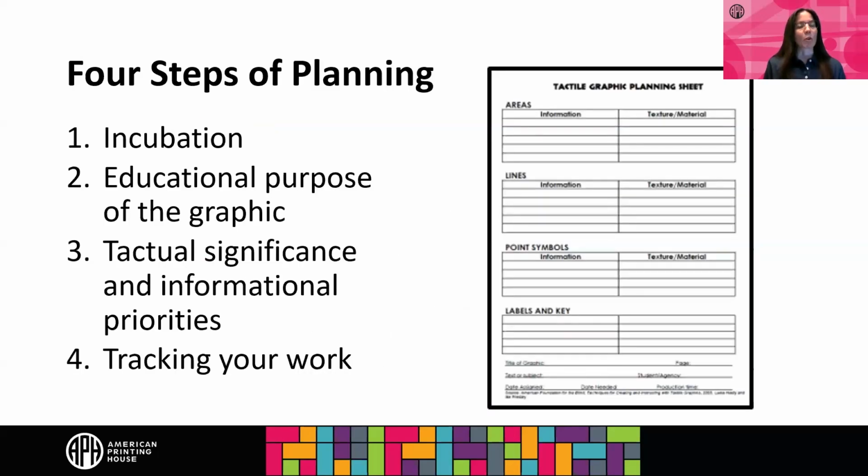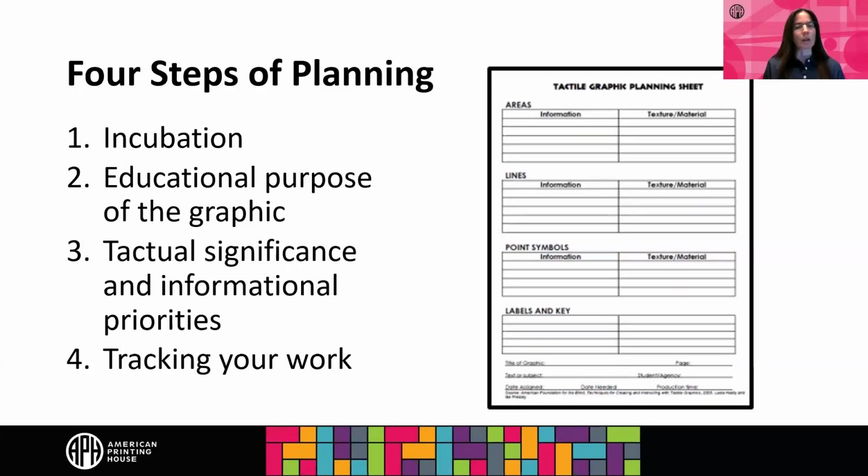Let's discuss 4 basic steps of planning your tactile graphic. These also come to us from Lucia Hasty and Ike Presley in their Techniques for Creating and Instructing with Tactile Graphics. And in your handouts is the tactile graphic planning sheet, but I also have a representation of it here on this slide. There are 4 major sections in the planning sheet.